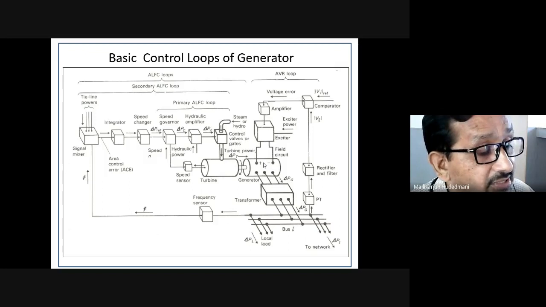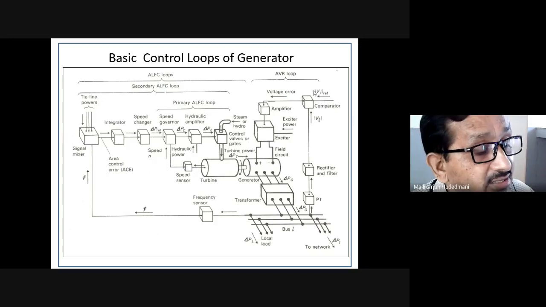The field system is powered by an exciter. The exciter is a control loop, a system which provides the field requirement of the main synchronous machine, which in turn is controlled by a loop wherein the stimulus for this exciter is the signal from the comparator.